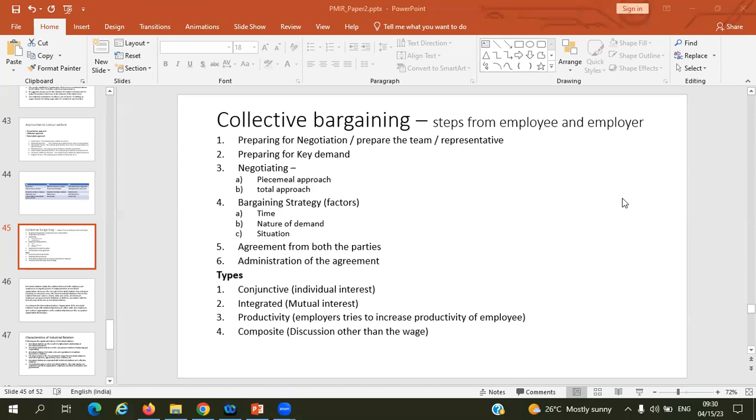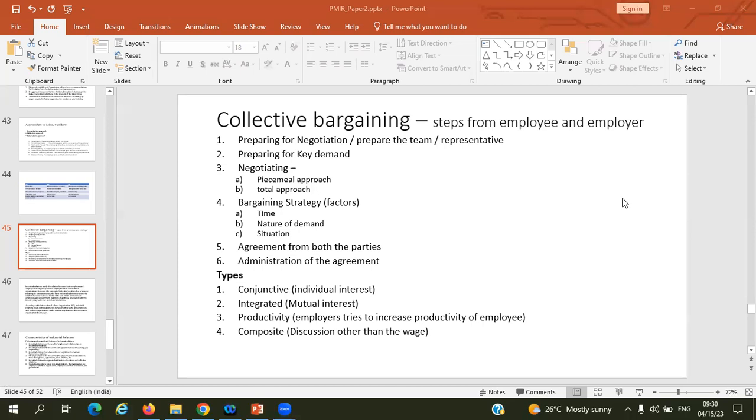When you know that your bargaining authority is composite, you have to put the case differently. This differs across situations, different companies, different demands.